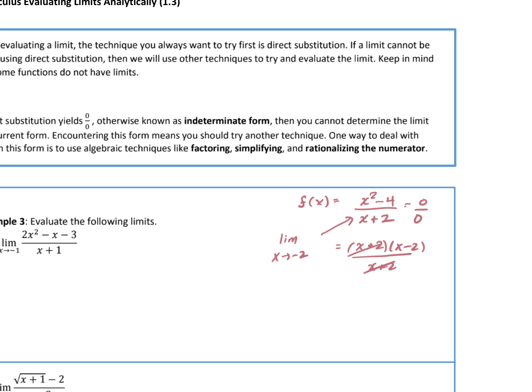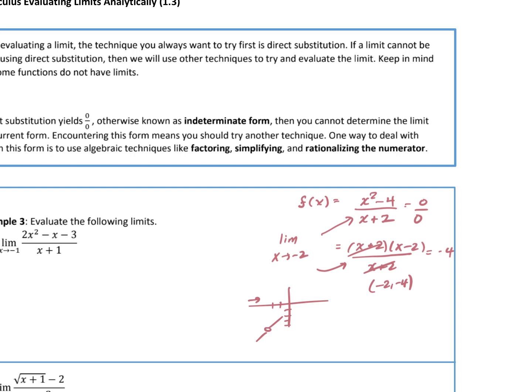So in this case, we factored to eliminate the issue, and then we got rid of the -2 part of it, and then we're able to plug in, and we would get -4. So that means there's a hole at -2, -4, but that's also the limit, right? If we had a graph with a hole at -2, -4, the limit is -4. As I approach -2, my graph is approaching -4, okay?